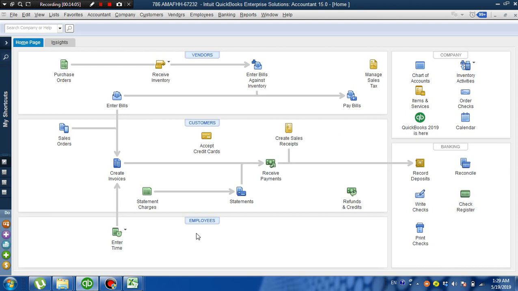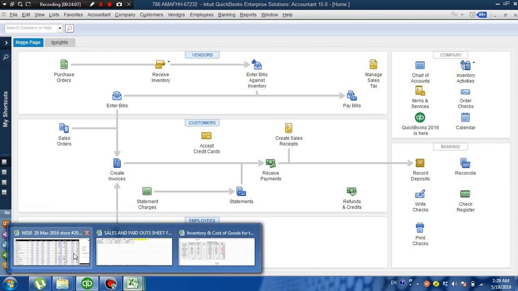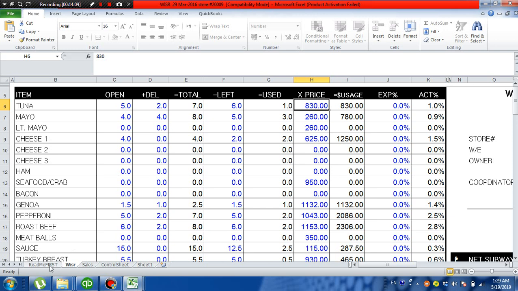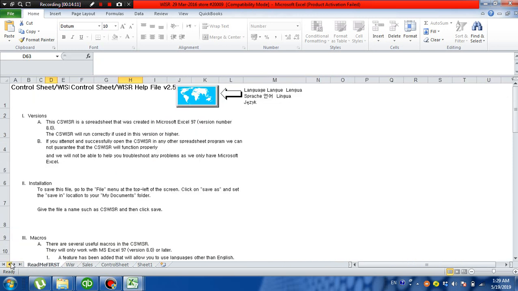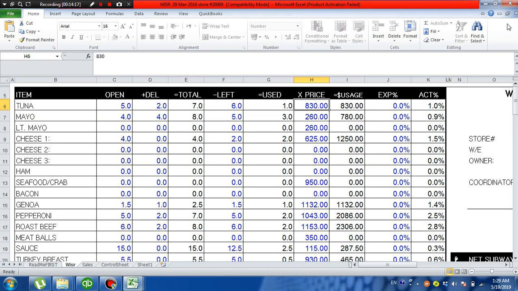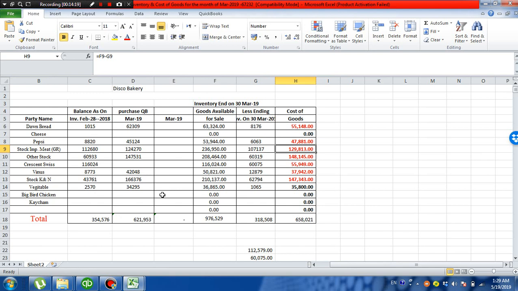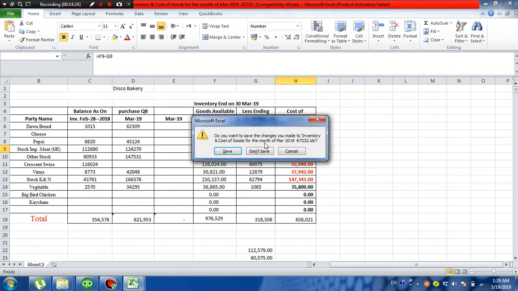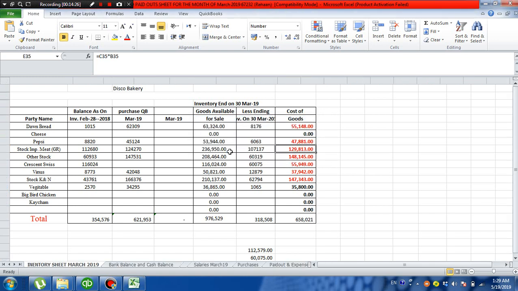For example, looking at this Excel sheet, you can find that your inventory is here, and this is our visor. I'm going to close this. This was the cost of goods proforma. Yes, save it.